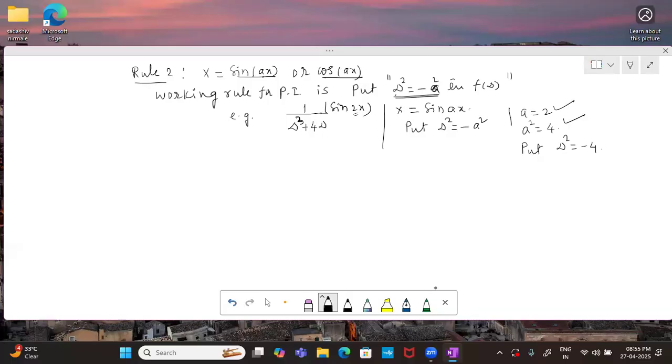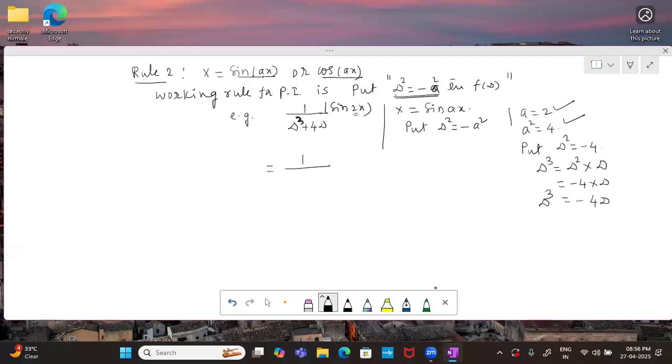Just a minute, it is d cube. So d cube will be d square into d. D square is minus 4, into d. It is minus 4d. Higher powers can be expressed in terms of d: d cube, d raised to 4, d raised to 5, etc. Then this will be 1 upon, just put the value of d cube.